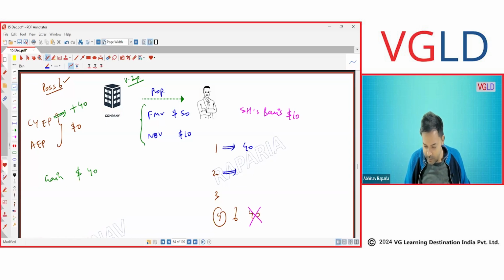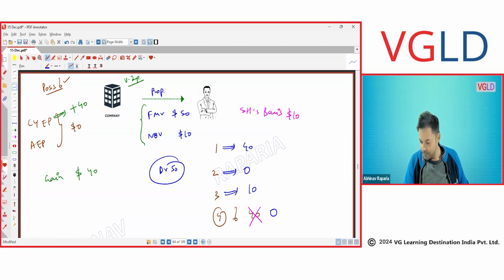Now it's simple. This is going to be 40. The distribution value is 50. So 0. This is 10. Is the point clear, everyone? Reena, clear? Ruchi, Ashraf. So be careful about this, guys.